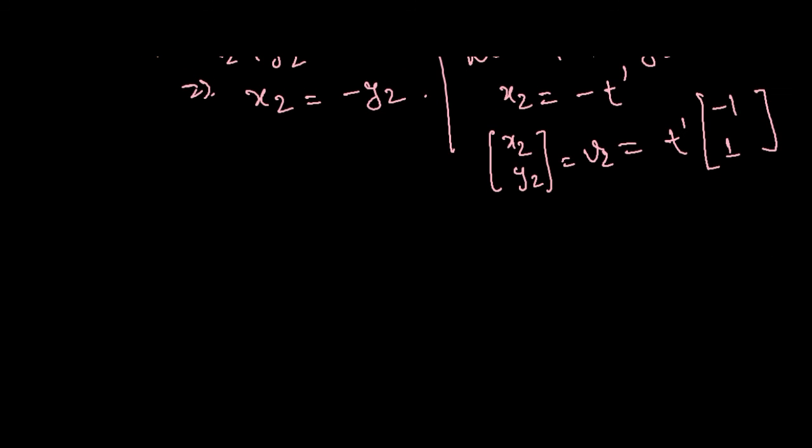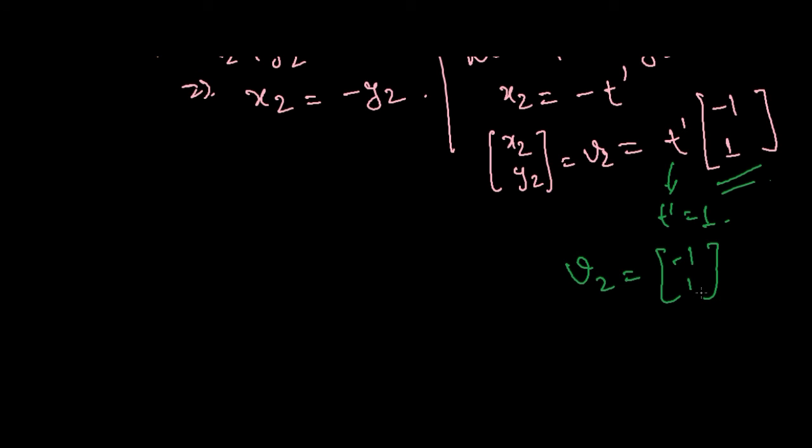And again we have got our eigenvector, that is v2 equals t dash times (minus 1, 1), and we can take t dash equal to 1, so our v2 will be equal to minus 1 and 1.